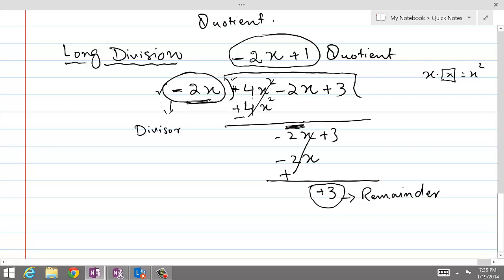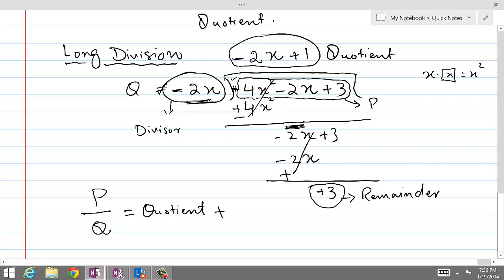And here, this is the polynomial which was originally being divided, and this is called dividend, but if we call this p, the polynomial which was being divided, and we call this which was the divisor q, it means p divided by q resulted in the quotient, plus remainder divided by the divisor, which is q again. So here we can write it like this.